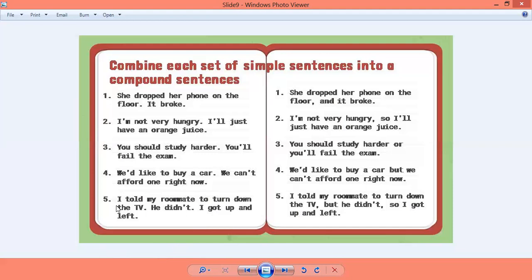Let us come back to the example. I told my roommate to turn down the TV. He didn't. I got up and left. Now we are supposed to add two coordinating conjunctions over here. So let us try. I told my roommate to turn down the TV, but he didn't, so I got up and left.